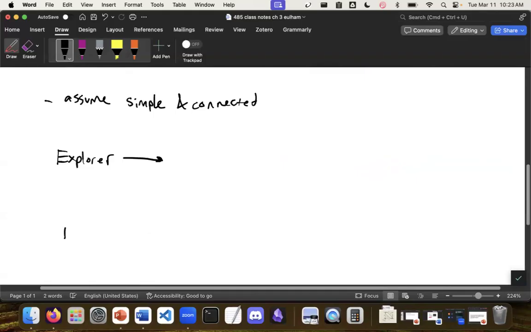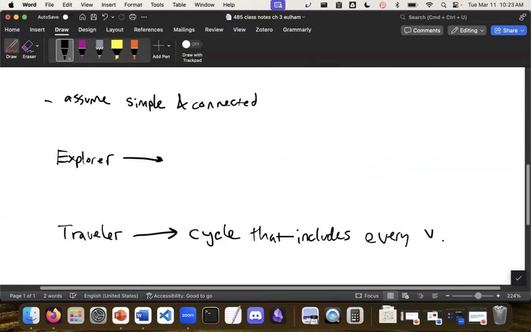So we're looking for a cycle that includes every vertex of the graph.